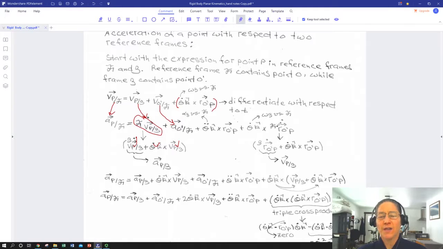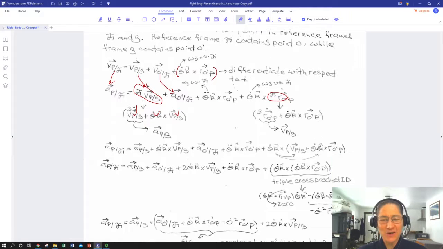So we can equate this term with the time rate of change of our O prime P within the B reference frame with respect to the B reference frame, which just becomes the velocity of P within B with respect to B, plus the angular velocity of reference frame B with respect to reference frame F crossed into our O prime P. So now we get to do a whole lot of collecting of terms.